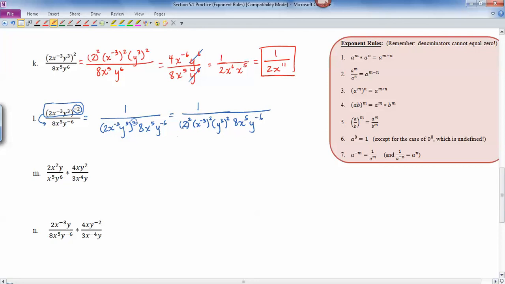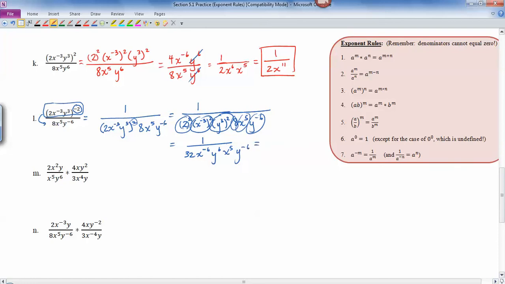So let's see what that turns into. I've got 1 over, and then this is 4 times 8, so that's 32. Power to a power, you multiply the exponents, x to the negative 6th. Power to a power, you multiply the exponents, and you get y to the 6th. And then here's another x to the 5th, and then a y to the negative 6th.